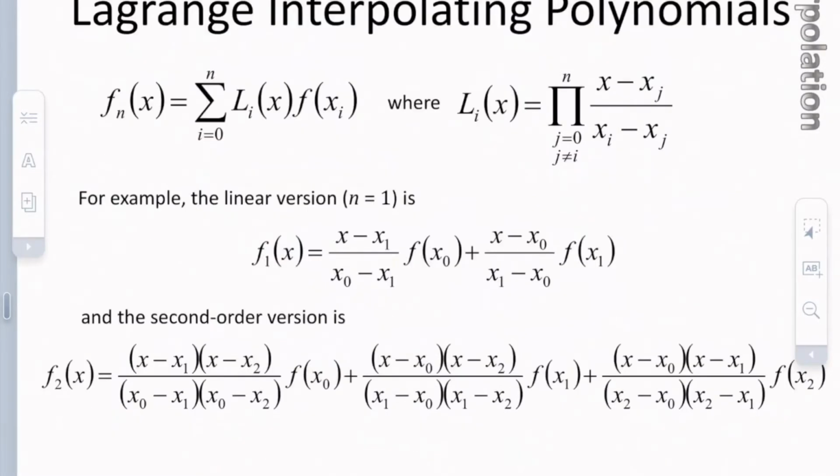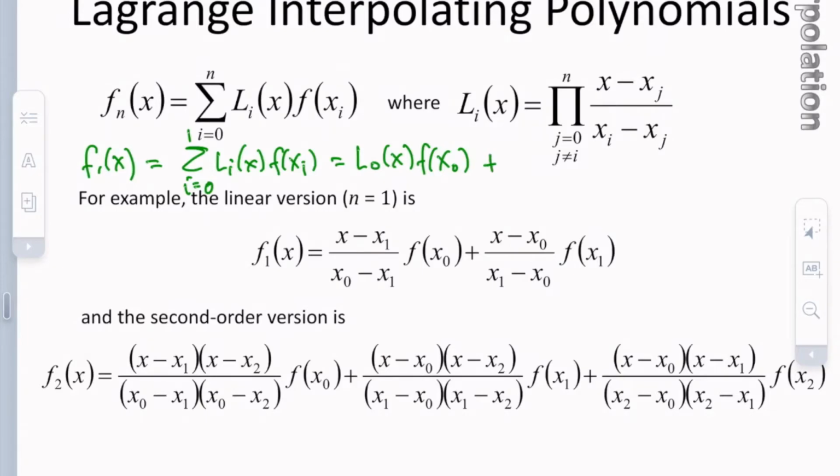For example, in the linear version where n equals 1, we solve for f sub 1 of x. This will be equal to the sum from i equals 0 to 1 of L sub i of x f of x sub i. This is equal to L naught of x f of x naught plus L1 of x f of x1.